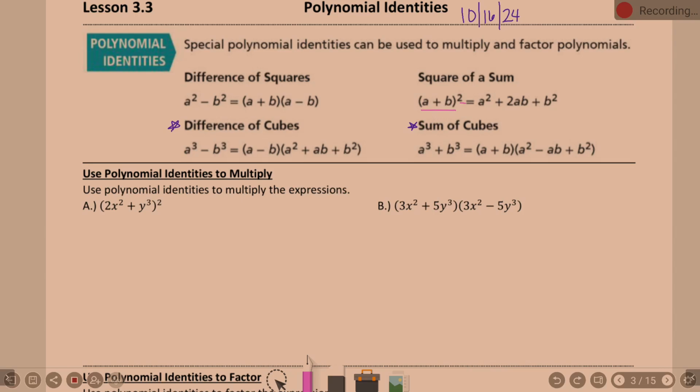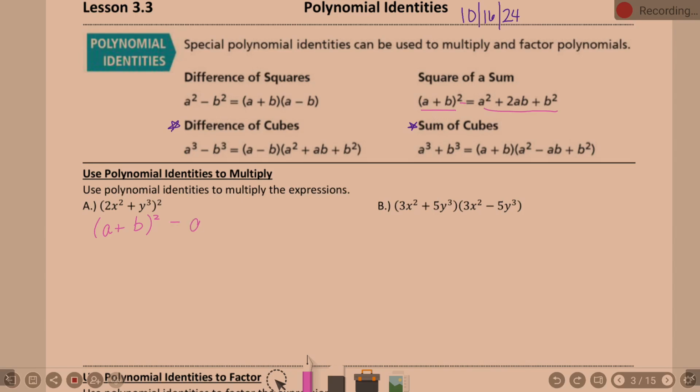And so the idea here is, rather than multiplying this out, you could just fill in the formula. And that's what I'm going to demonstrate here. So I'm going to set this up. Notice it's of the form a plus b, quantity squared, is what they give us.